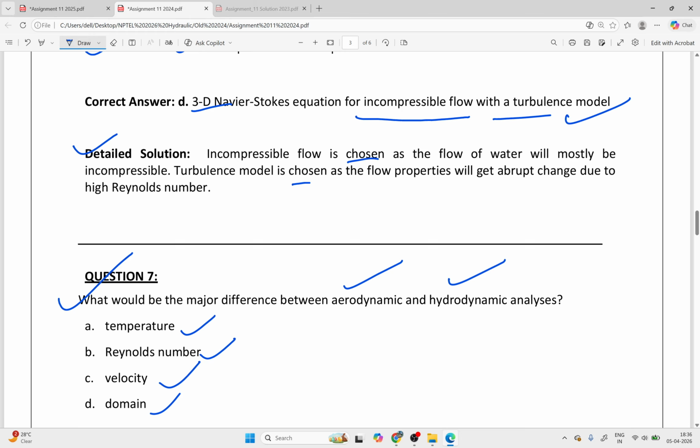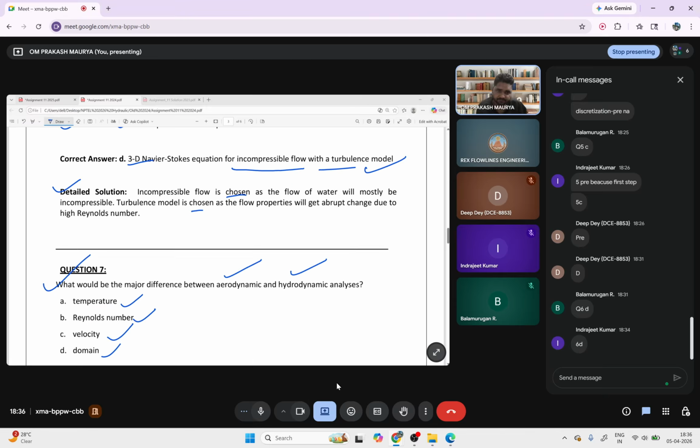Again, this question you can just think and write the answer. Just a memory based question, but you have some background of fluid mechanics. Okay, so question number 7, please.